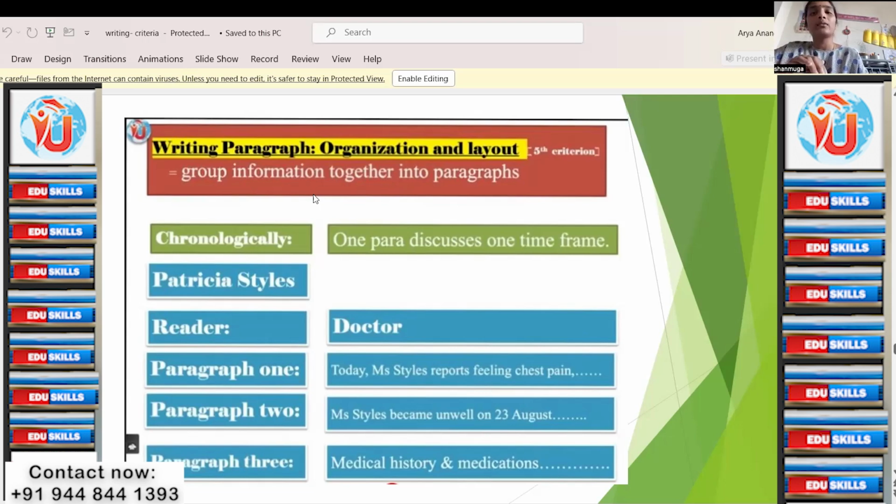Paragraph 2 is Mr. Styles became unwell, which is the least important information that happened in the past, what happened in the past for her condition. And the third paragraph will be her recommendation paragraph. You can write this in chronological order.